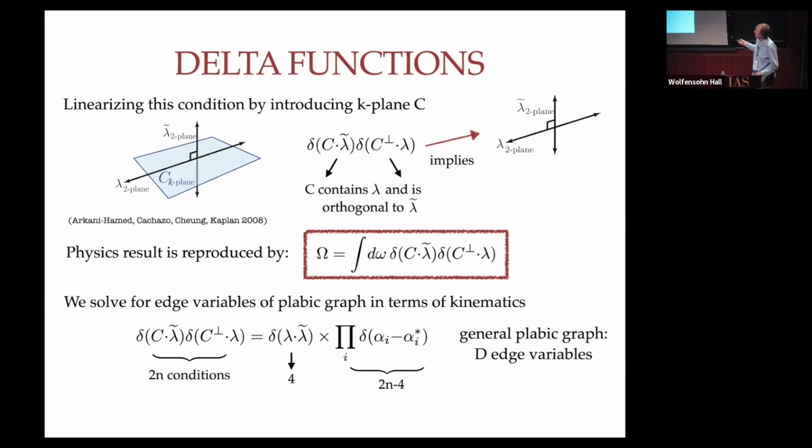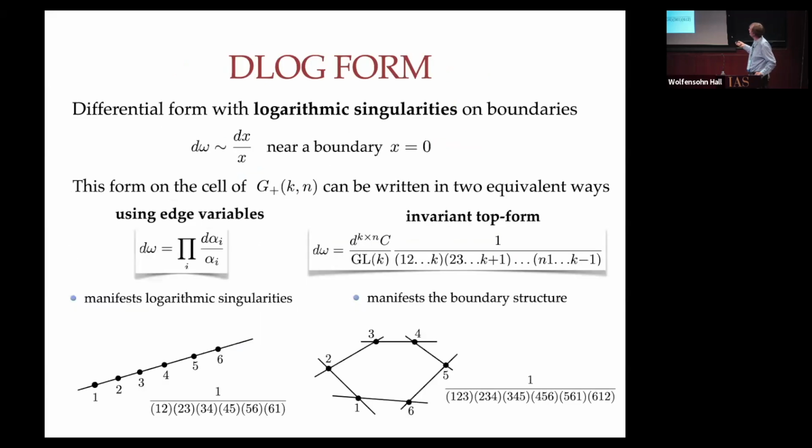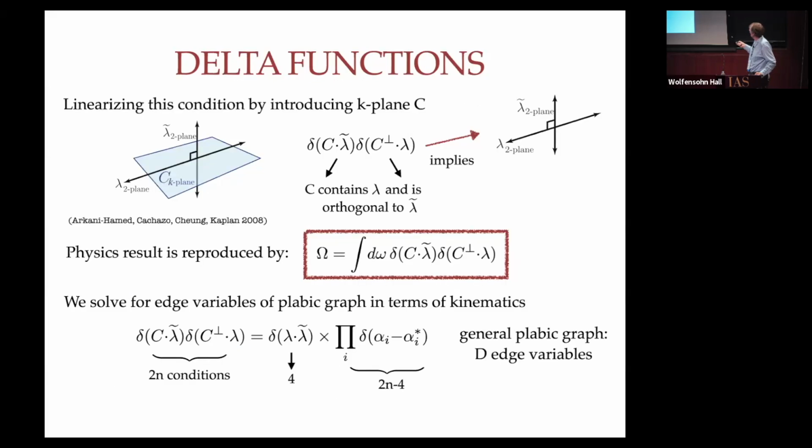Okay, so this is something which also appeared in previous talks. So the physics result, the claim or the proven conjecture, is that this function in physics is reproduced by this dlog form here, dressed with these delta functions.